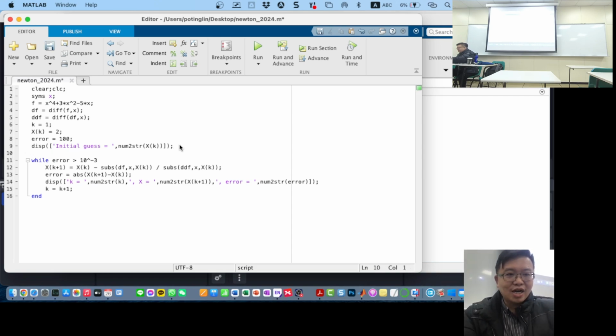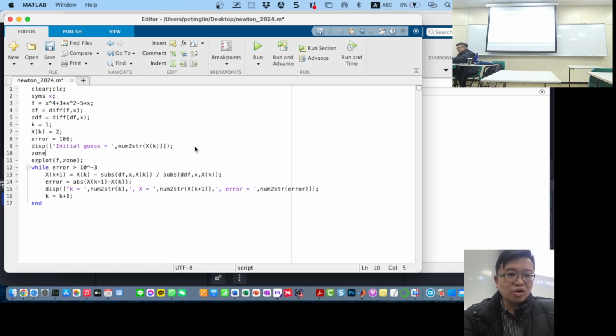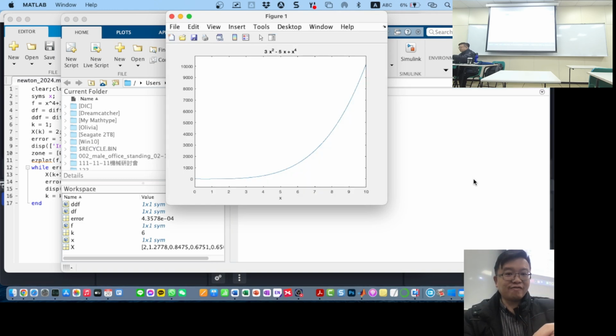So I'm going to plot the function. Easy plot F, and let me plot inside a region called zone. Zone I'm going to define as from 0 to 10. Okay, let's see. So that's the function.